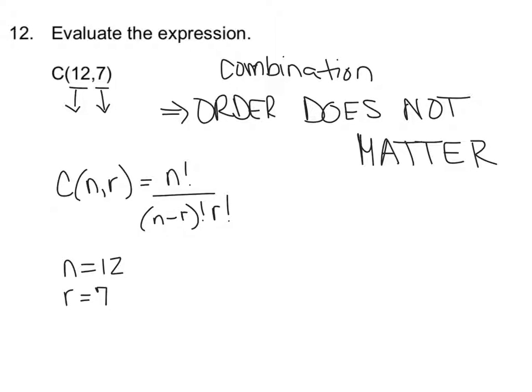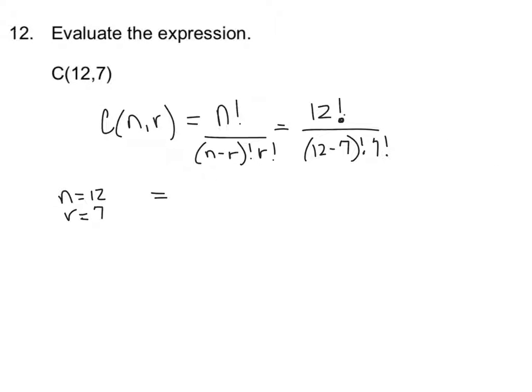And we'll just plug in the values into the formula and solve. This becomes 12 factorial divided by 12 minus 7 factorial times 7 factorial. First, we'll do the subtraction in parentheses. So I have 12 factorial divided by 5 factorial times 7 factorial.